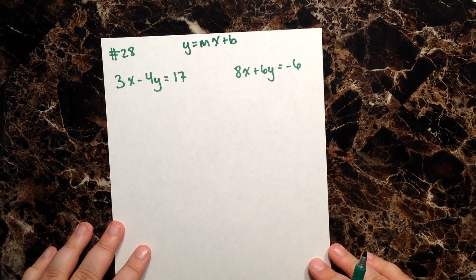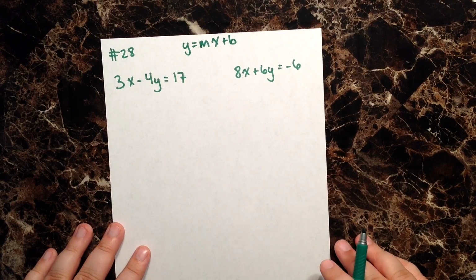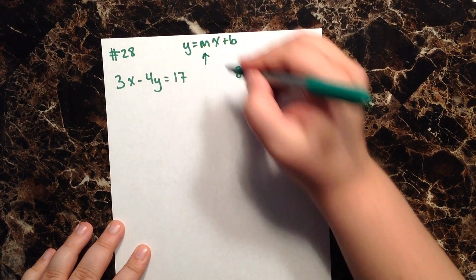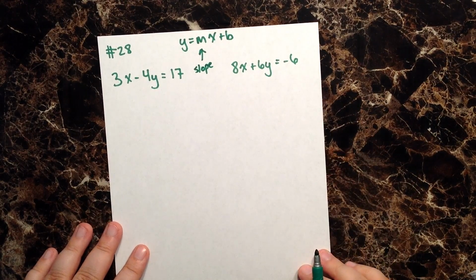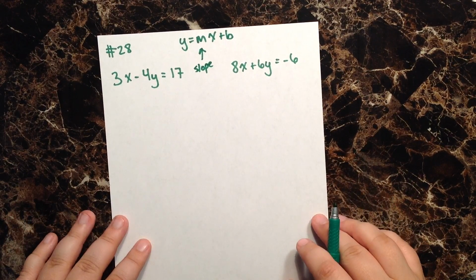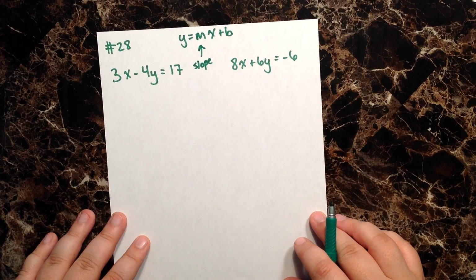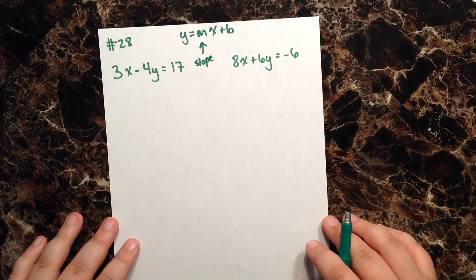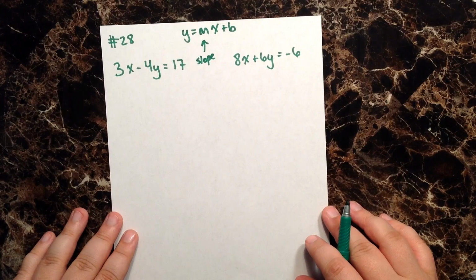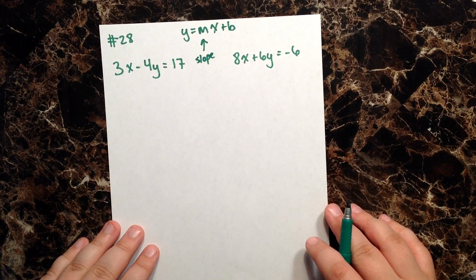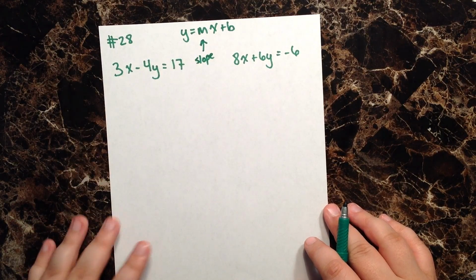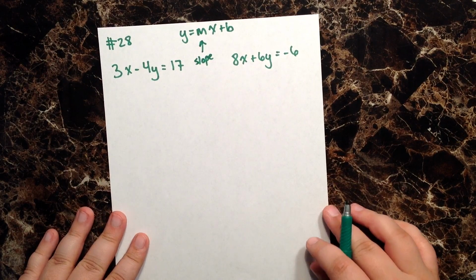In this form we are easily able to see what the slope of the line is, and that's what we are comparing here. So let's start with the first equation and solve it for y.